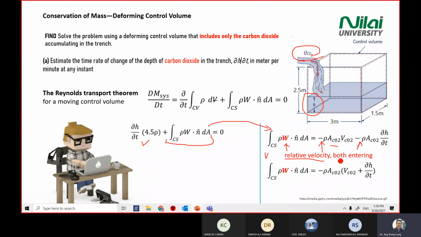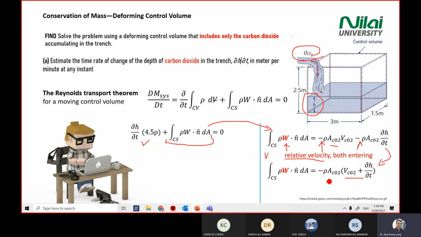Right? Then after that, you combine, you factor out the rho A CO2, factor out. Okay, you rearrange this equation.